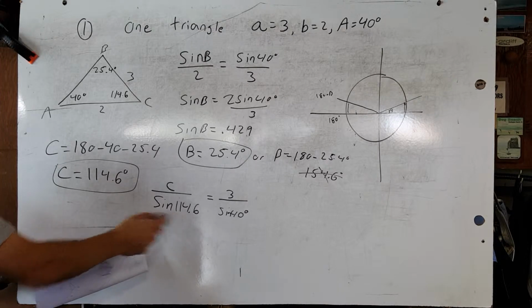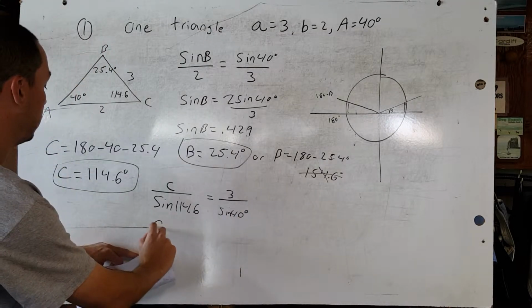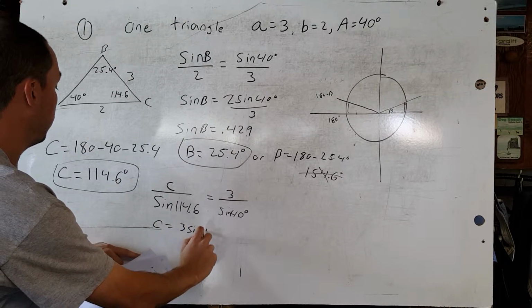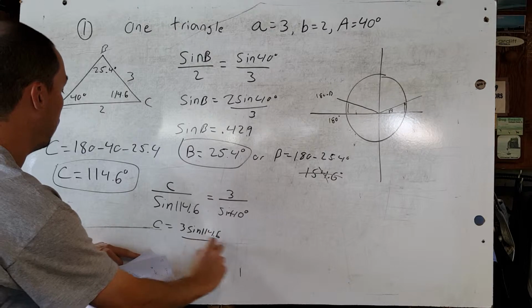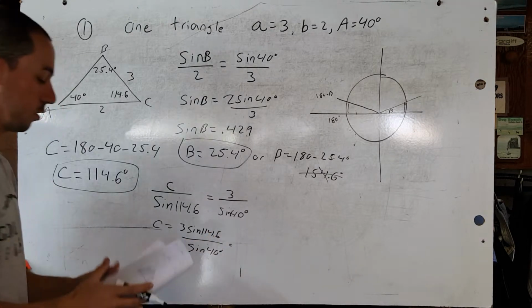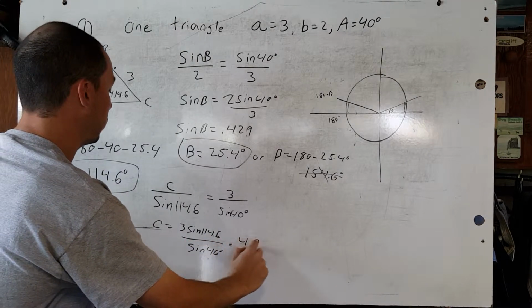Multiply both sides by sine of 114.6. c is equal to 3 sine 114.6 over sine 40. Calculator to get c is equal to 4.2.